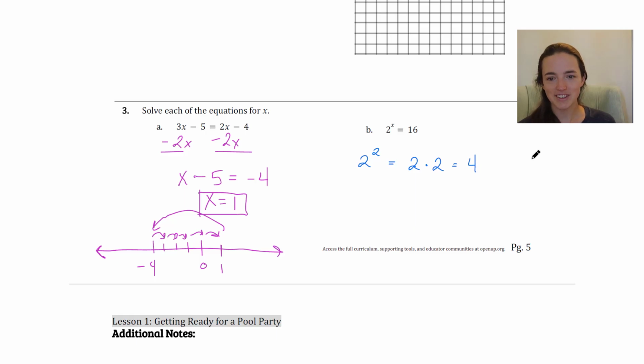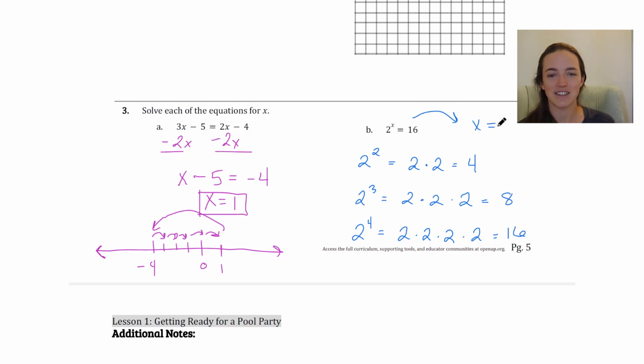So obviously that one's not right. 2 to the 3, 2 times 2 times 2, that is 8. So that didn't work either, but I have a feeling the next one will work. 2 to the 4th is 2 times 2 times 2 times 2, which is 16. So this one is a little easier. X is 4. I'm just figuring out the number that I have to plug in for x to make the equation true.